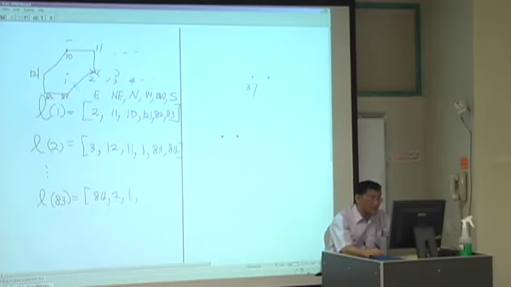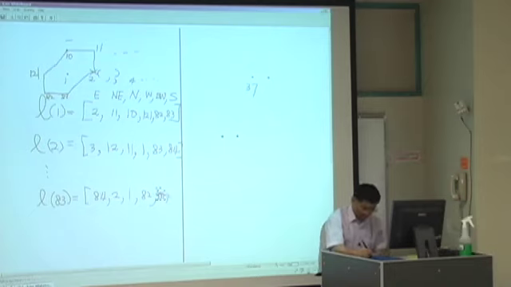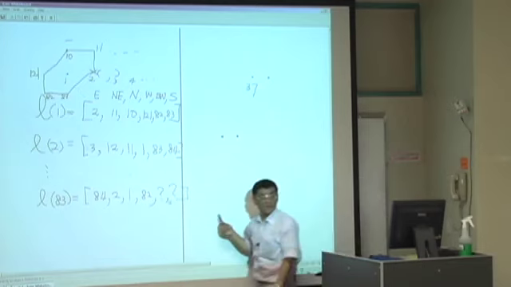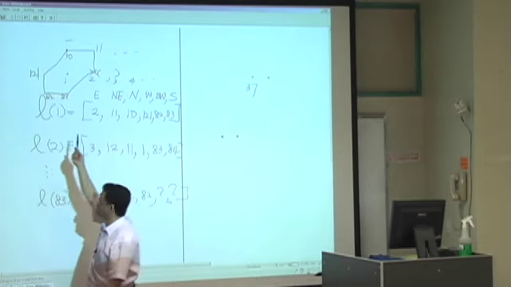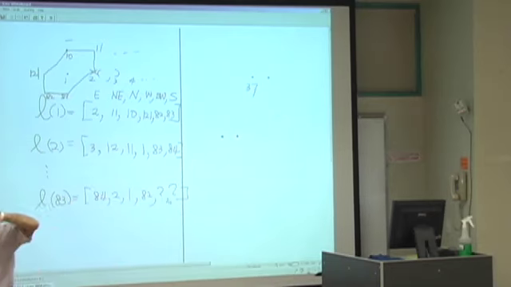And then west point is 82, and then missing, right? Missing. M is misleading, so I will say missing, right? Do you follow me? So point 83 doesn't have southwest point or south point.